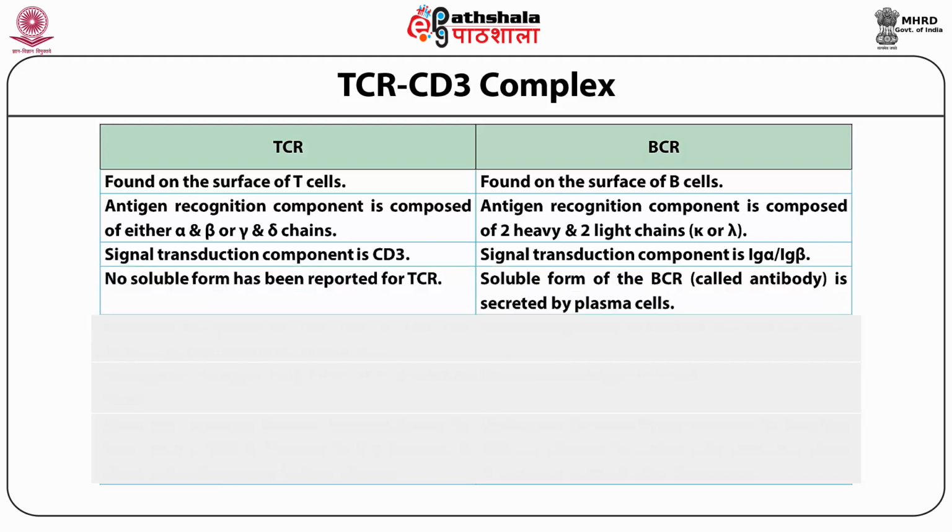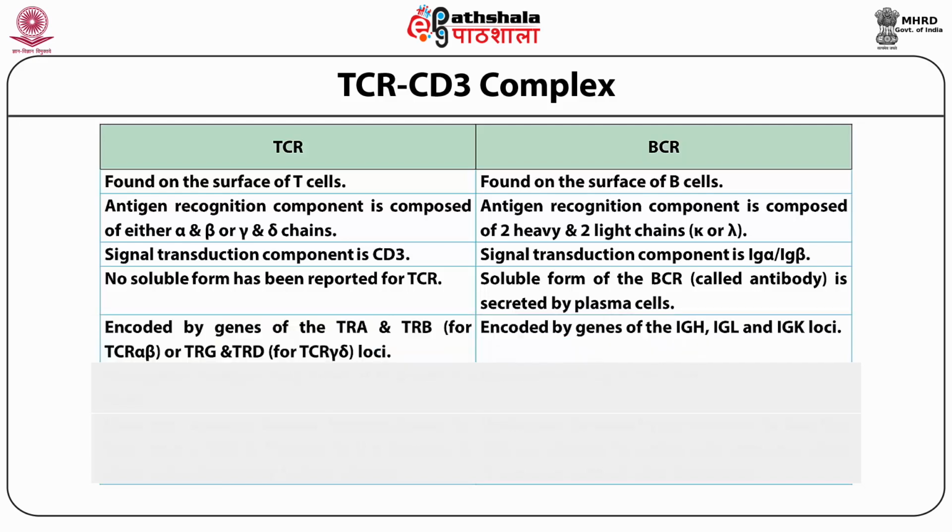The fifth point of difference is that the TCR contains only one antigen recognition site, while the BCR contains 2 identical antigen recognition sites. The sixth point of difference is that the TCR is encoded by genes at the TRA and TRB loci for TCR alpha beta, or TRG and TRD loci for TCR gamma delta. On the other hand, the BCR is encoded by genes at the IgH, IgL and IgK loci.